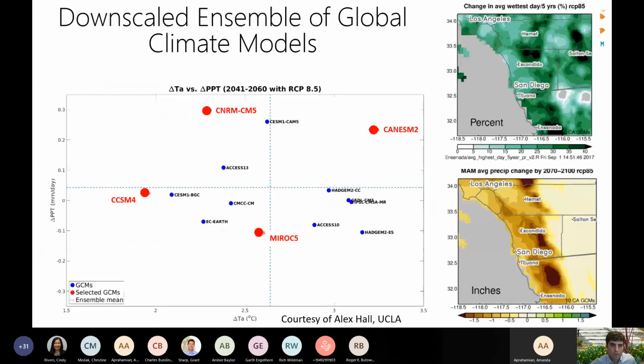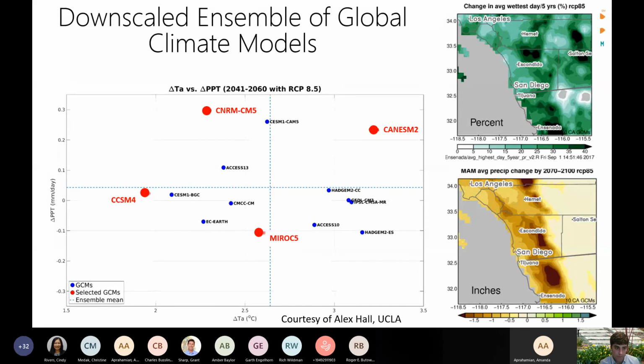The 4 GCMs we picked are the same as what SWRP has used in other studies in Southern California, intended to bracket the projections that tend towards greater rainfall, greater rainfall being the y-axis here, and greater increase in temperature.